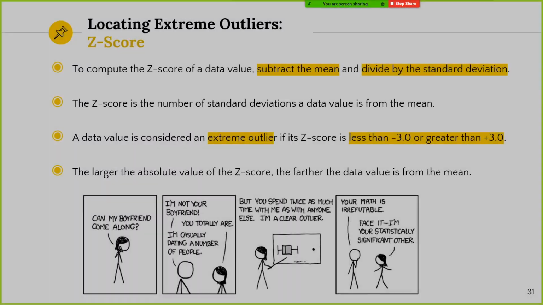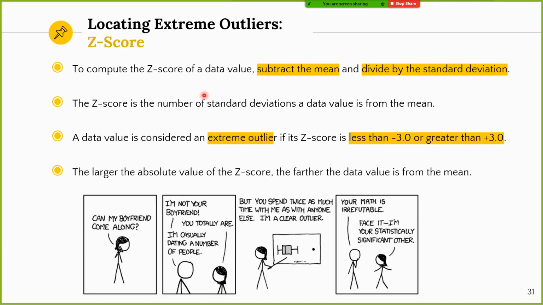So let's continue. The next is extreme outliers. We have outliers, and this one is an extreme outlier. We call it the z-score. To compute the z-score of a data value, you first subtract the mean and divide by the standard deviation.